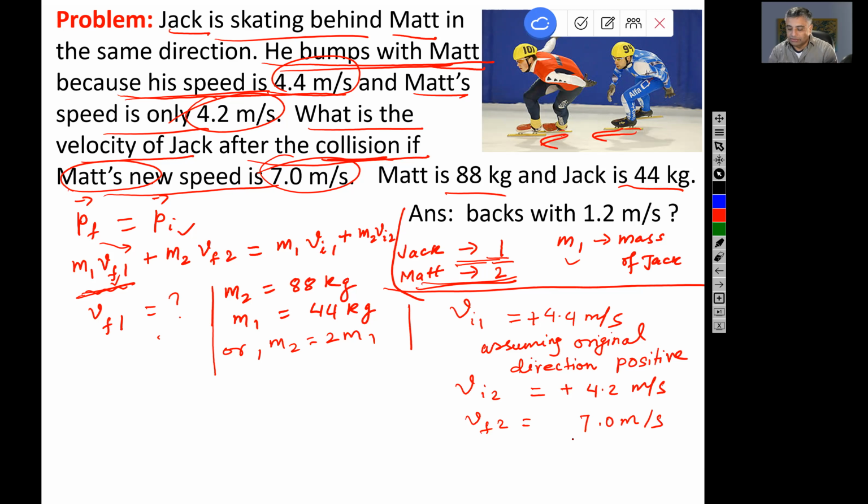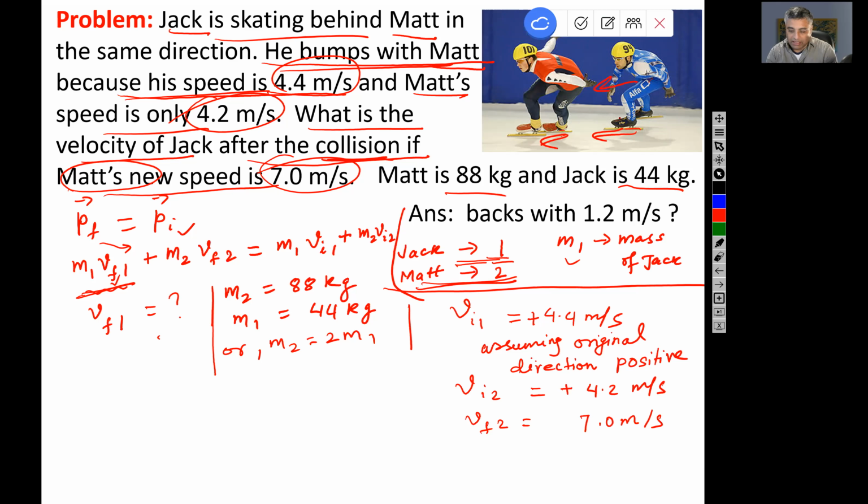So now here, is it positive or negative? Positive. And how do we know that's positive? Because he's still going in the same direction. So see, this guy comes here.